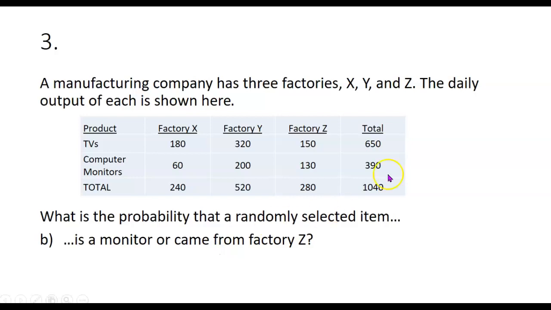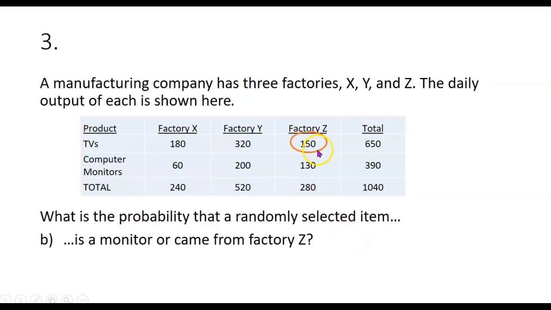Question B, what's the probability that a randomly selected item is a monitor or came from Factory Z? There are 2 ways we could do this. One way would be to just go through and count all the items that fit this description. How many ways could we get something that's either a monitor or it came from Factory Z?